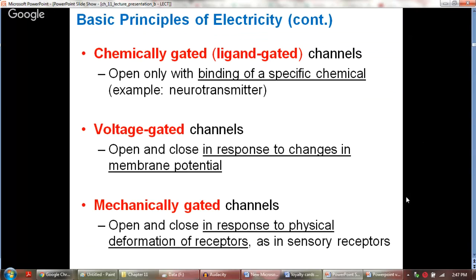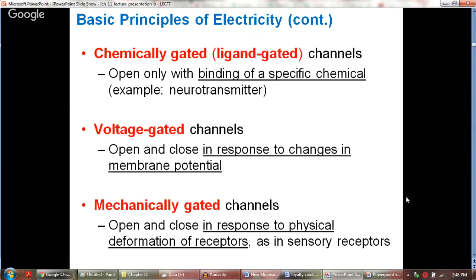For instance, if it's a neurotransmitter such as acetylcholine, those ion channels open only when acetylcholine binds to that channel. The voltage-gated channels open and close in response to changes in the membrane potential.